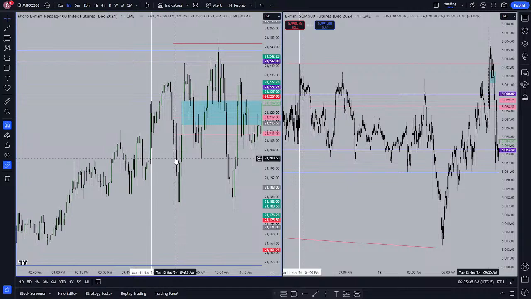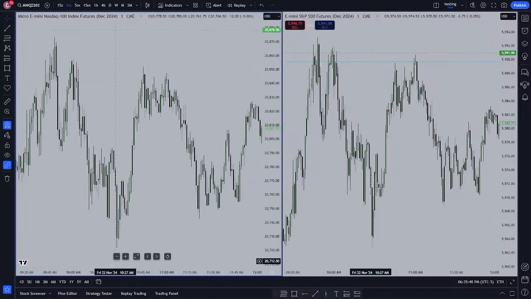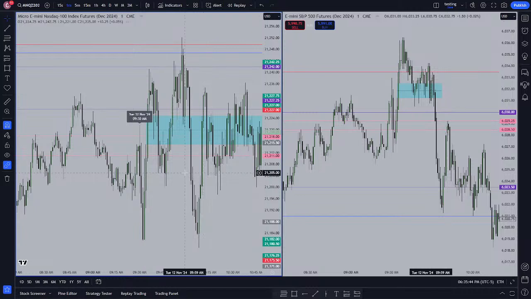Yeah, so very, very small. So what that means, just wait for 10. So there's absolutely no trade on until 10 a.m.